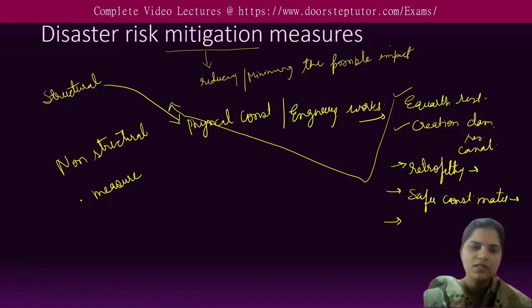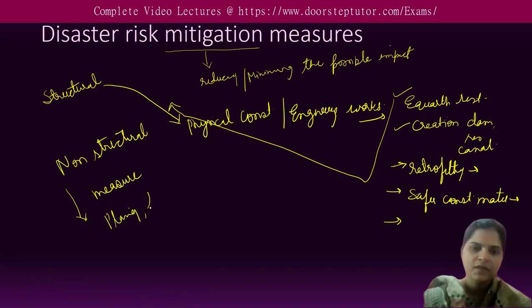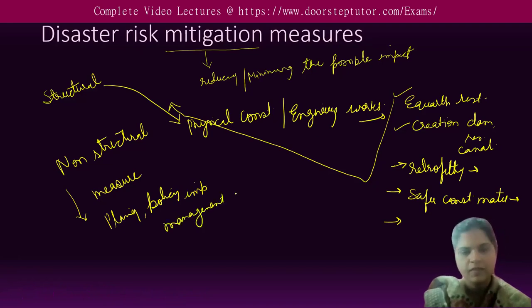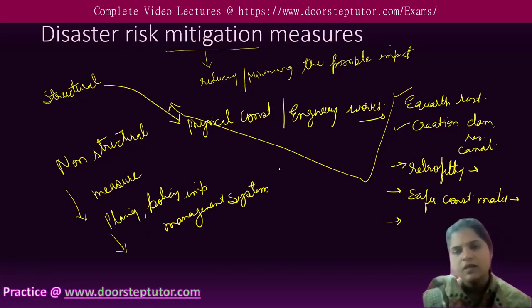Then coming to non-structural measures. In these measures, we generally consider planning, policy implementation, and management systems. These are very important to execute the legal framework, or any kind of policy or management system can be implemented.